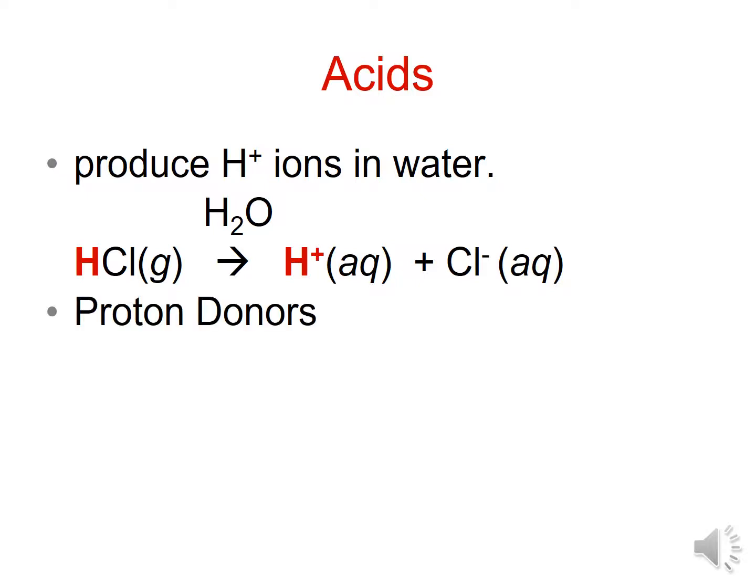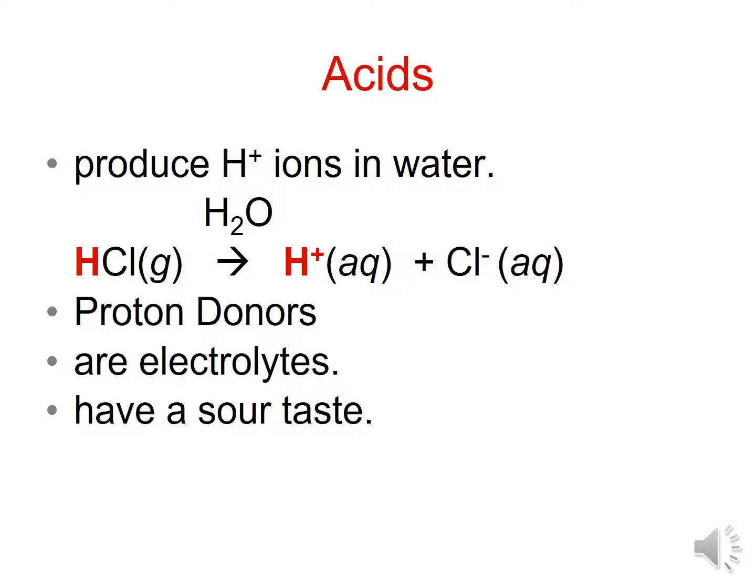So one way to describe these acids is they are proton donors. If you think of H+, a hydrogen atom has a proton and electron, so H+ is just a proton. They are electrolytes, so they will light the light bulb on a conductivity tester because they do have mobile ions, mobile electrical particles.